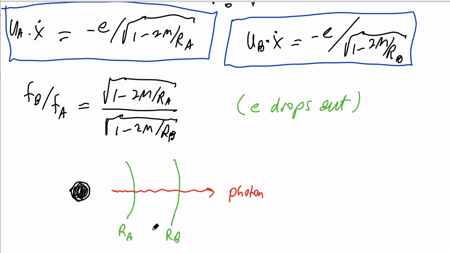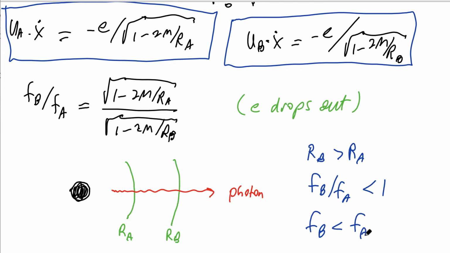And now, because RB is greater than RA, that means, relatively speaking, RB is large, 2m over RB is small, 1 minus something small is large. So the denominator here is larger than the numerator, which tells us that FB over FA is less than 1, or FB is less than FA.